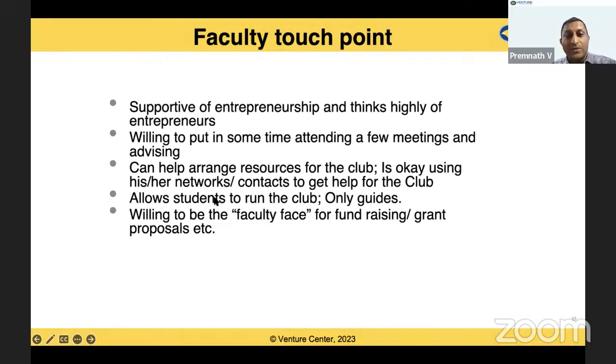This should also allow the students to run the club. They're guides, not necessarily doing it themselves, and willing to be the faculty face for fundraising or grant proposals. Very often in grant proposals and funding proposals, you will find that the funder wants to see somebody they can rely on, who has greater credibility or a track record.